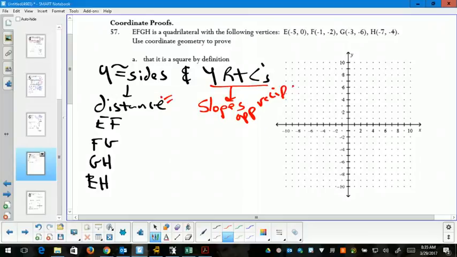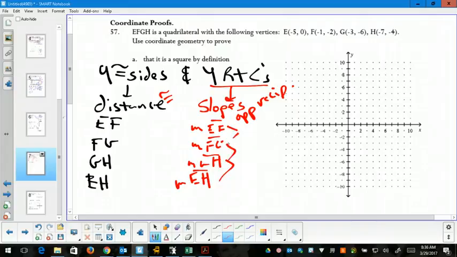Whereas for the distance, because I want them congruent, I do want them the same length. So we would have to find the slope of EF, the slope of FG, and those should be opposite reciprocals. The slope of GH, and those two should be opposite reciprocals. The slope of EH. And so all of these should be opposite reciprocals. They will have the opposite ones parallel. The other ones should be opposite reciprocals.